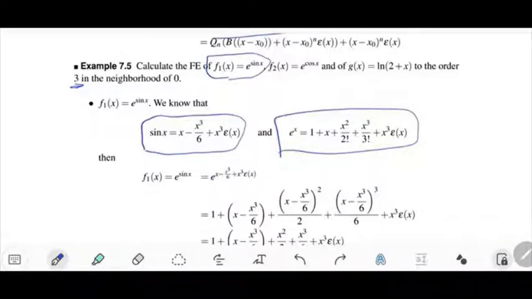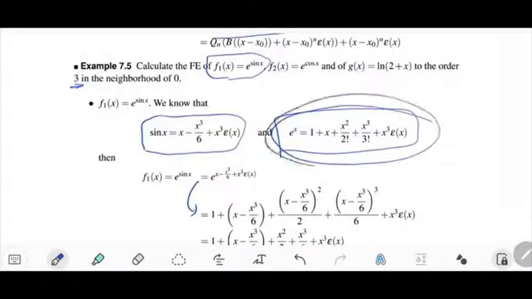Now, if you want to go to the next step, where you replace the x in here by all this, because if e^x is equal to this, then this package will be equal to the same expression, but by replacing x by this finite expansion of sine x. If you want to do so, you should be sure that when x tends to 0, this term in here tends to 0, because we are calculating the finite expansion around 0.